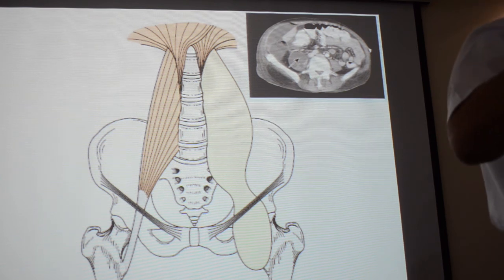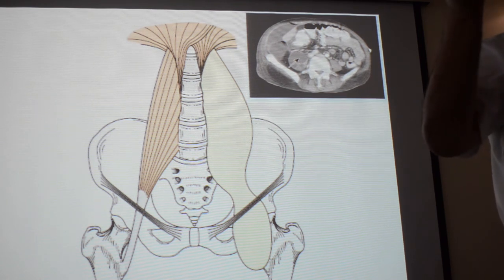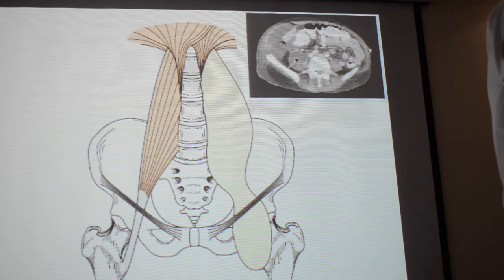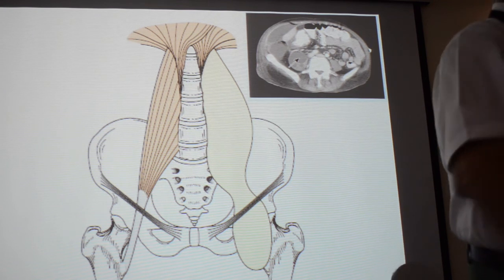No. No X-ray. Symptoms? Now, is there any answer left? Very simple test. Okay. Who said cough? Give a big hand to him.